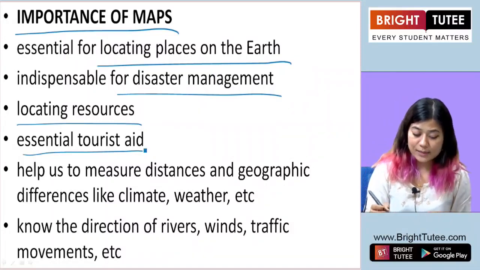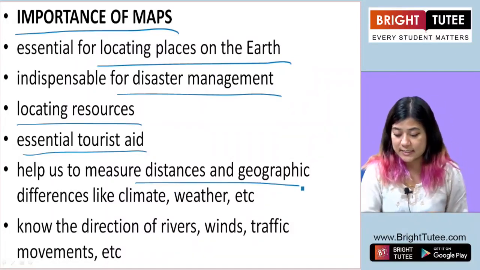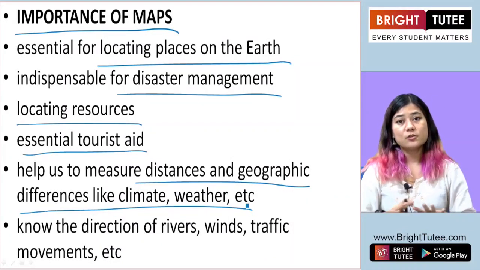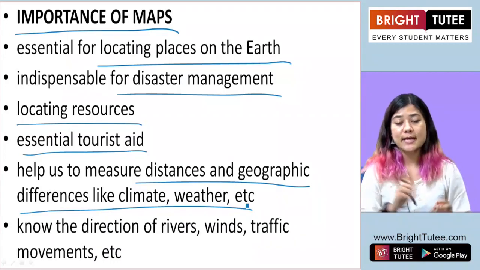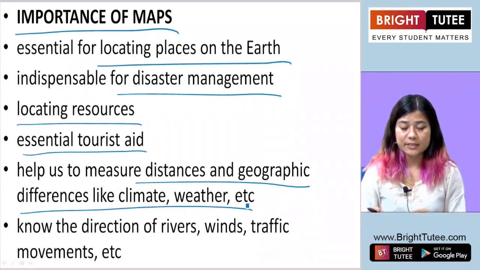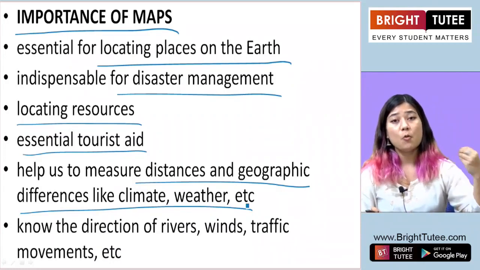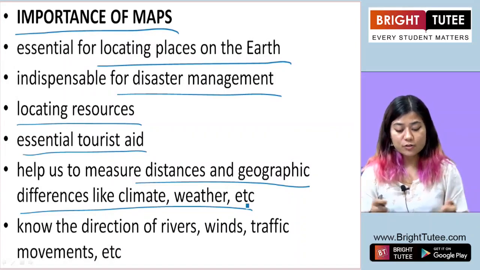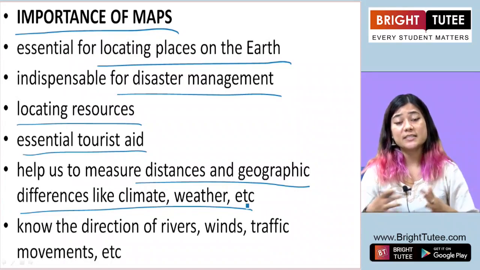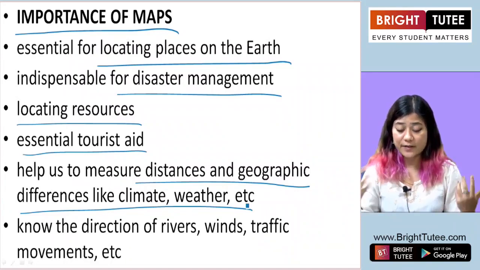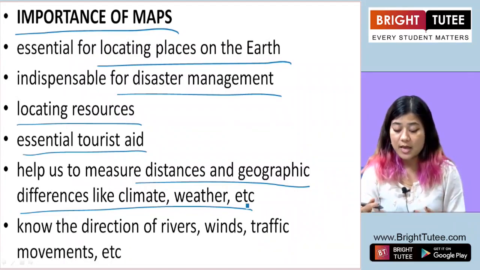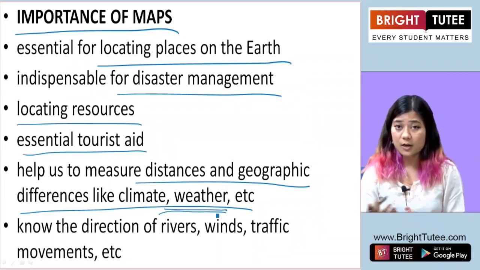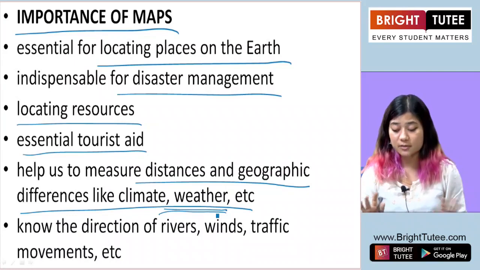Maps also help us to measure distances and geographic differences like climate, weather, etc. Maps help us understand the distance between places, for example, between Washington DC and New Delhi in India. They also help us understand the differences in climatic and weather conditions at various places on earth, within our country and in the rest of the world.